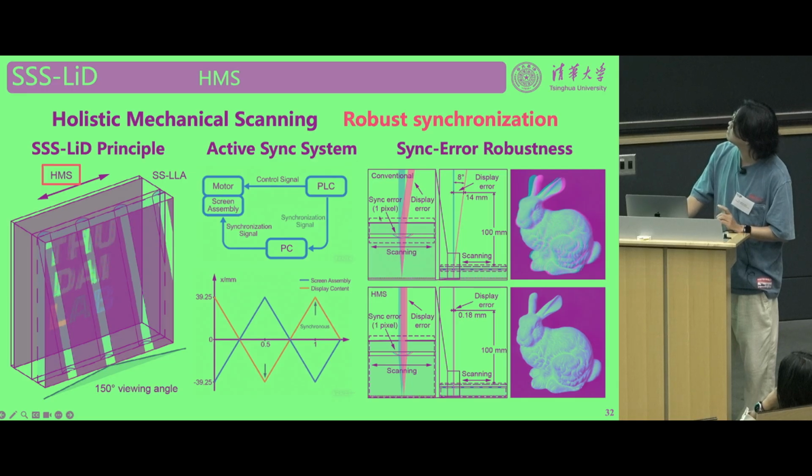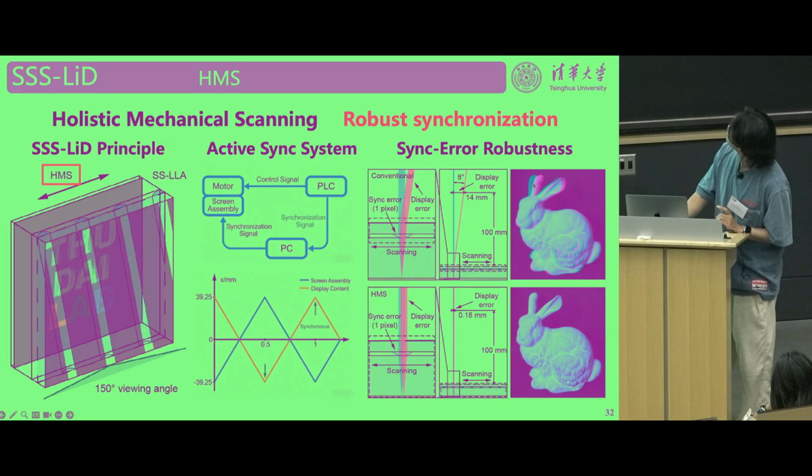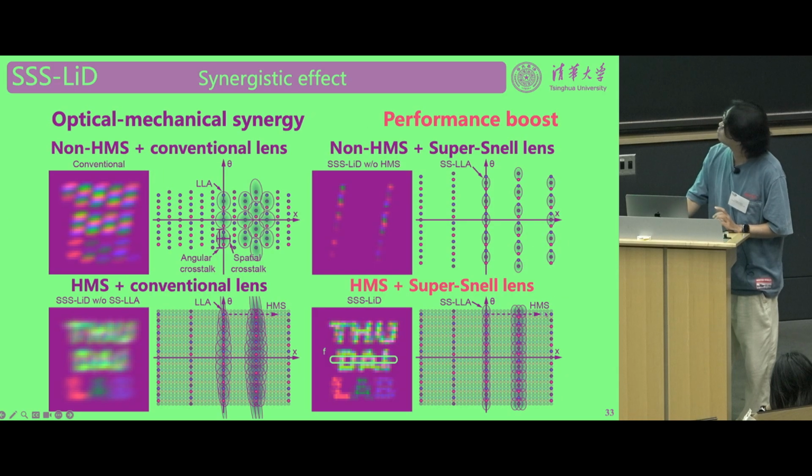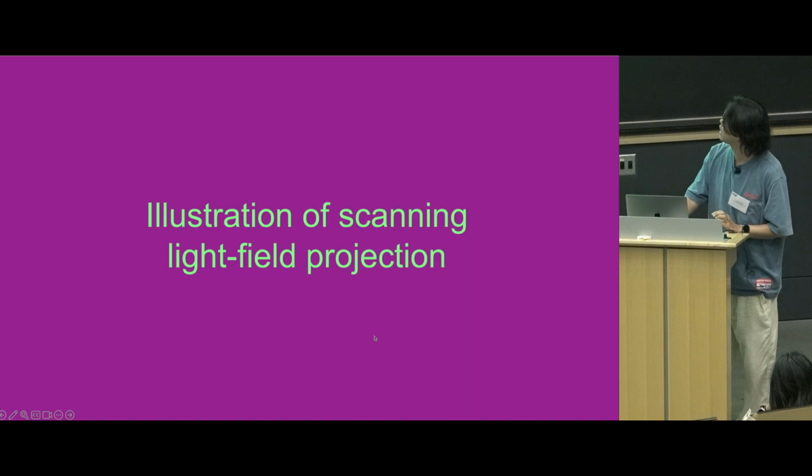If we make only the lens move, then the motion sync error is very severe, and you can see a lot of aberration. However, using HMS, we can minimize the sync error. By combining HMS and the super Snell lens, we were able to get high resolution with an ultra-wide viewing angle. This is a demonstration.